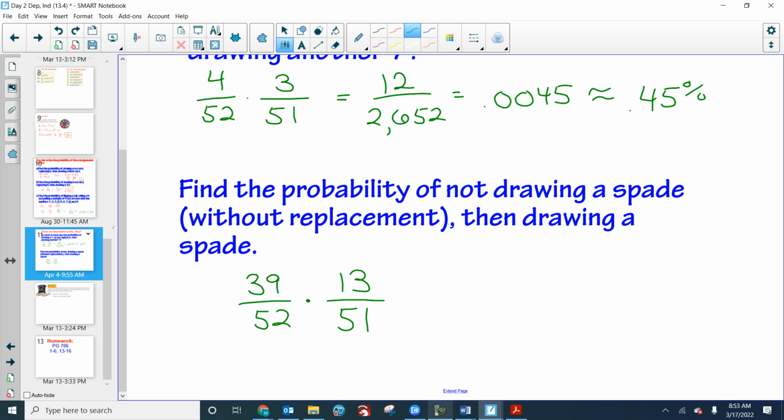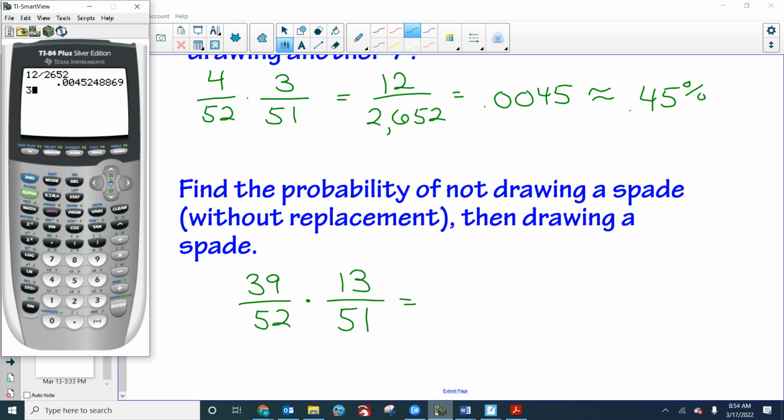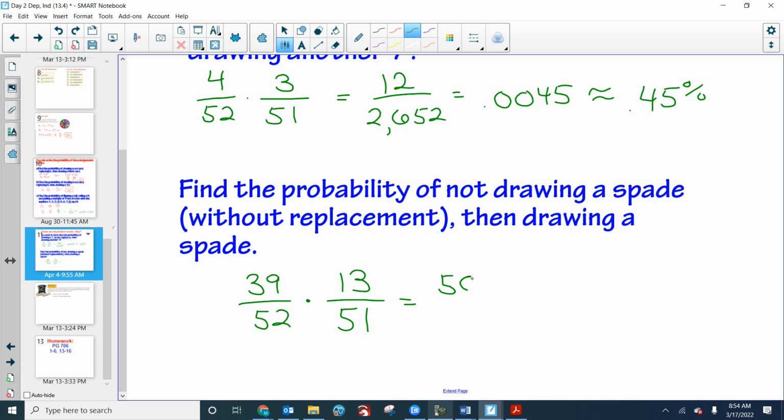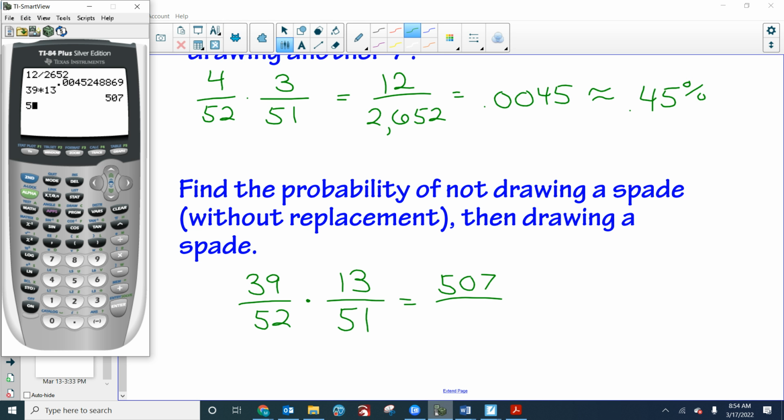So there's one less card in the deck, but there were still 13 spades. All right, so we got 39 times 13, 507, over 52 times 51. Was that the 2,652?